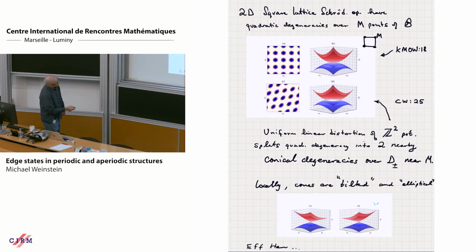If you blow up, you see that the cones are not right circular cones as they were in the honeycomb case, but rather tilted elliptical cones. There's some effective Hamiltonian associated with this picture. These will be Dirac Hamiltonians associated with each of those touchings, or a matrix second order operator, not of Dirac type, up here.